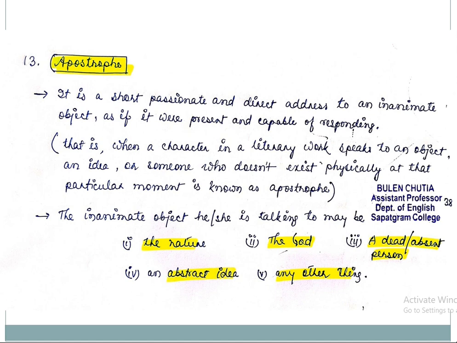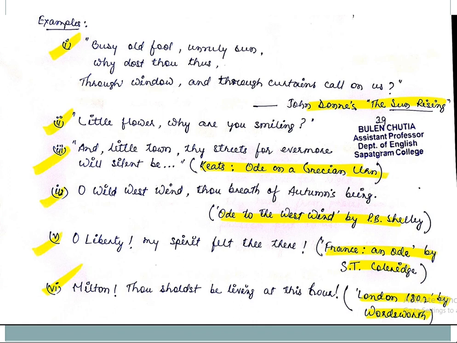The inanimate or absent object at that moment may be nature, God, a dead person, an absent person, an abstract idea, or any other thing. When we go through some examples, we will understand it better.